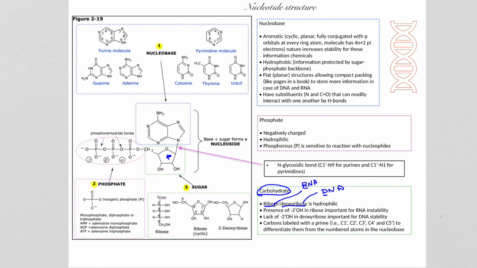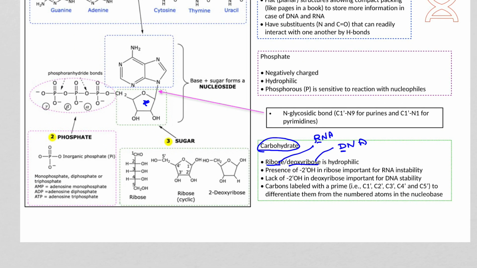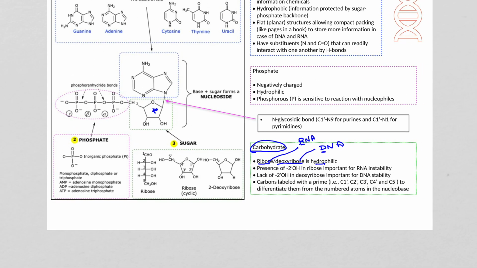The sugar is very hydrophilic, likes water. So why ribose in RNA and why deoxyribose in DNA? You can see the difference is this. At this position, deoxy doesn't have an oxygen, ribose has an oxygen.